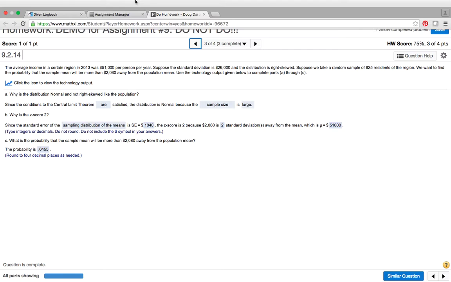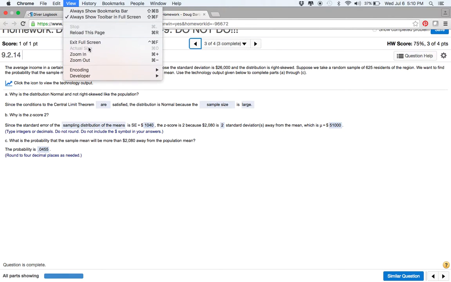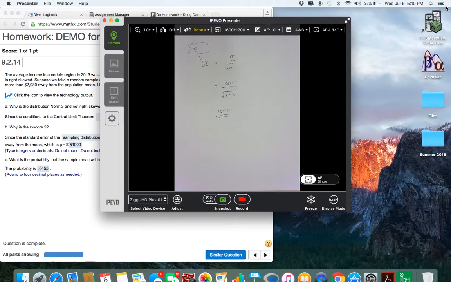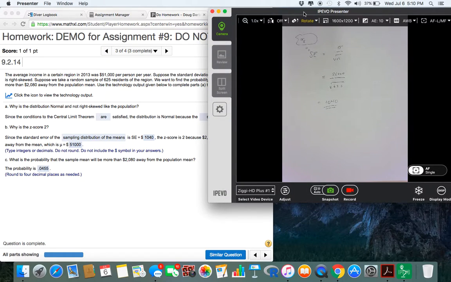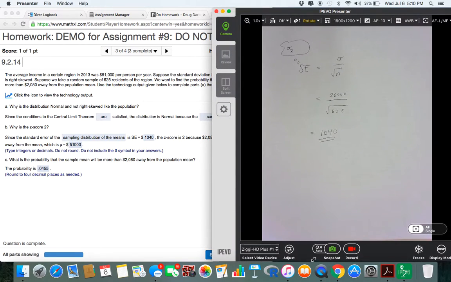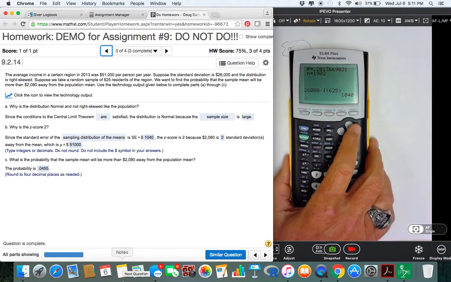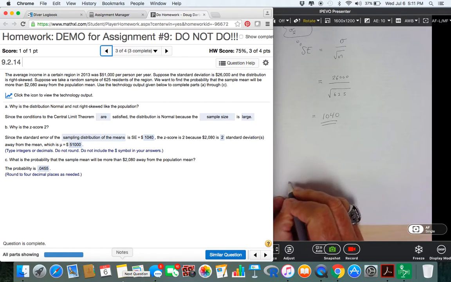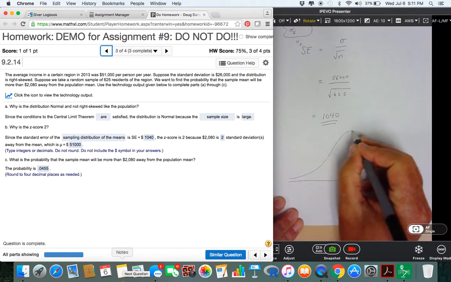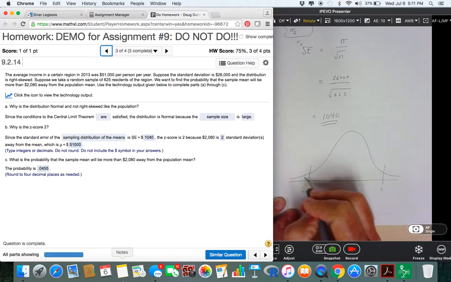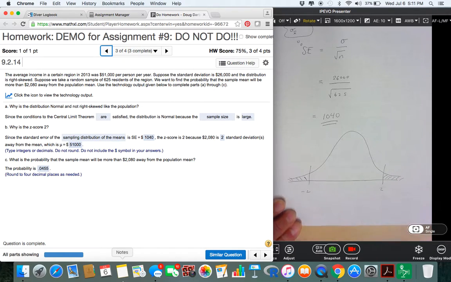So let me get out of this and make this over here where we can see what we're doing. Now, what we would need to do there is understand that in the sampling distribution, we want 2 standard deviations away, so we want this part of the area under the curve shaded because it corresponds to the probability that we're looking at.